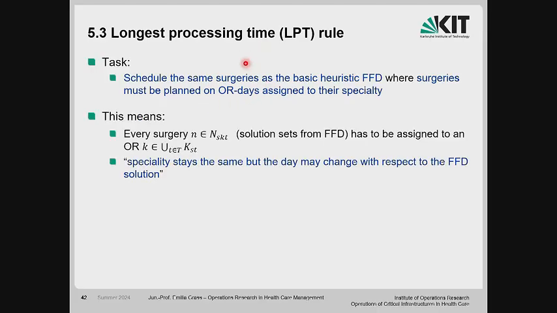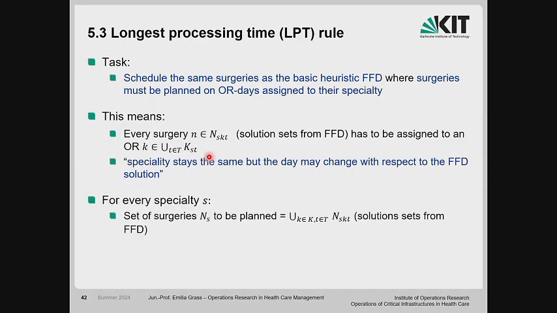So the surgeries remain the same within their assigned specialties, but they can be assigned to other days. Compared to the FFD solution, we might choose other days on which the surgeries are scheduled. So the specialty stays the same as in the FFD, but we might change the operating room days.